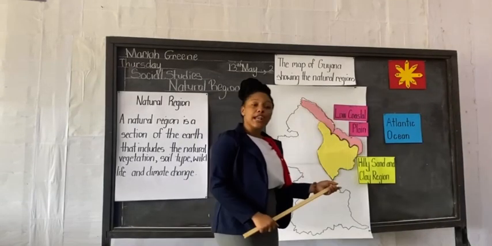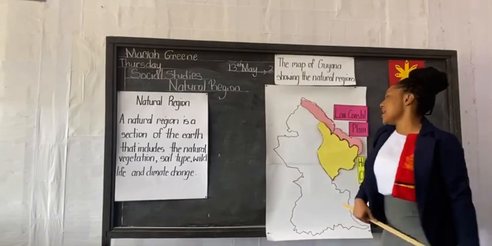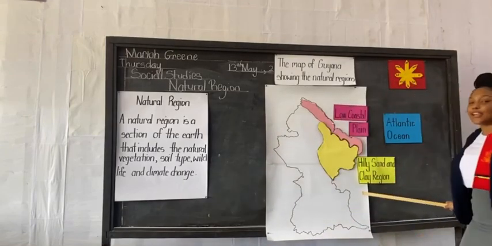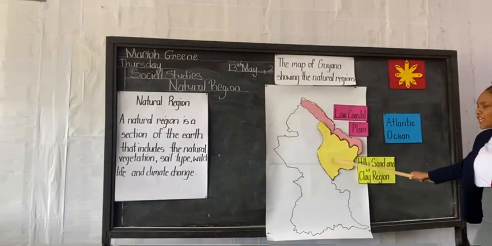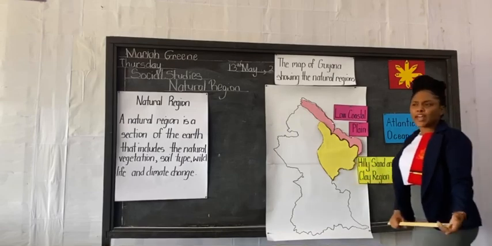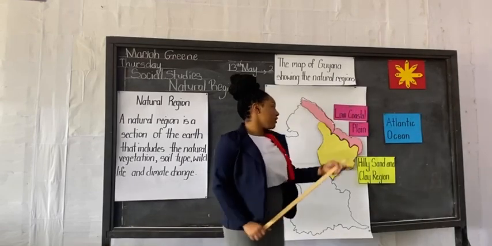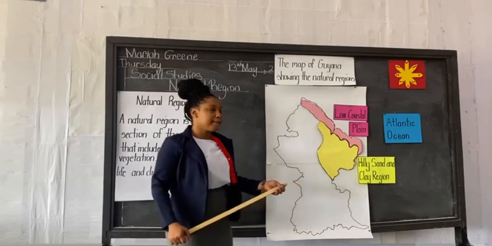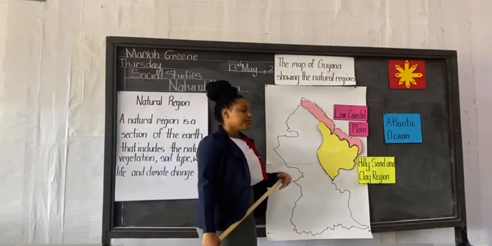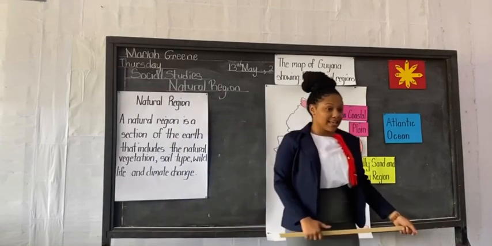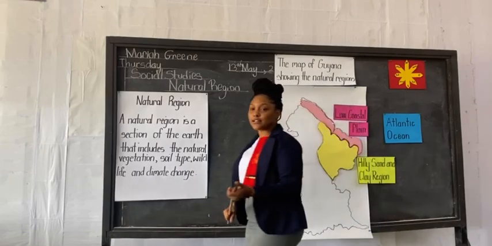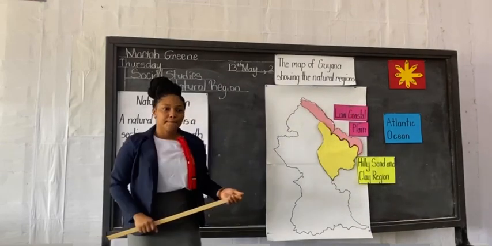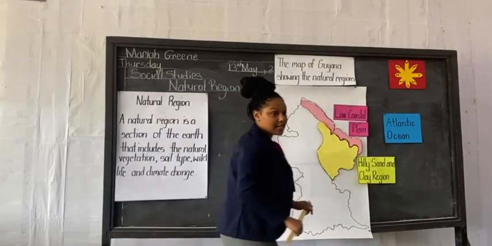So the second natural region we're going to look at is the hilly sand and clay region, which is this lovely yellow piece, right? So can anyone tell me the location of the hilly sand and clay region? George is saying it's in the east. Correct. Anyone else? Malik is saying it's in the east. Okay.